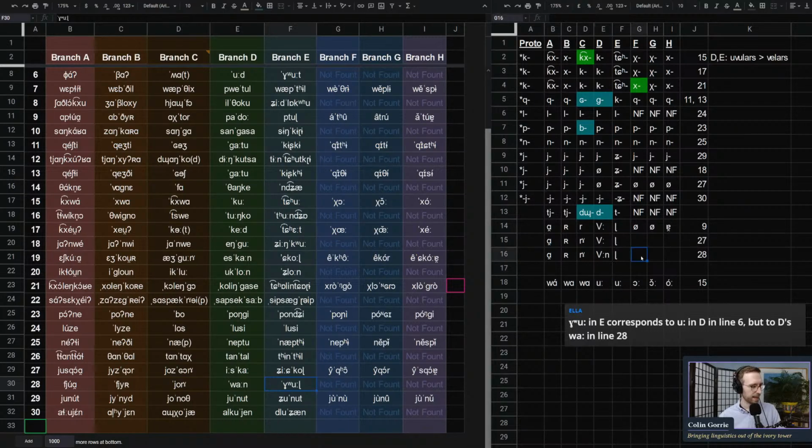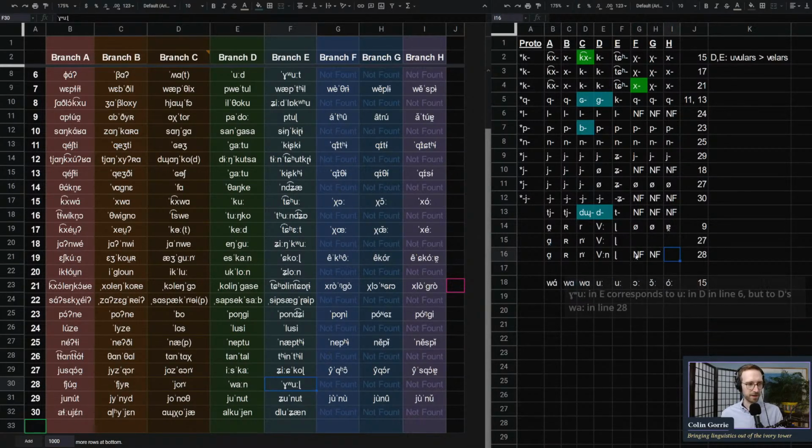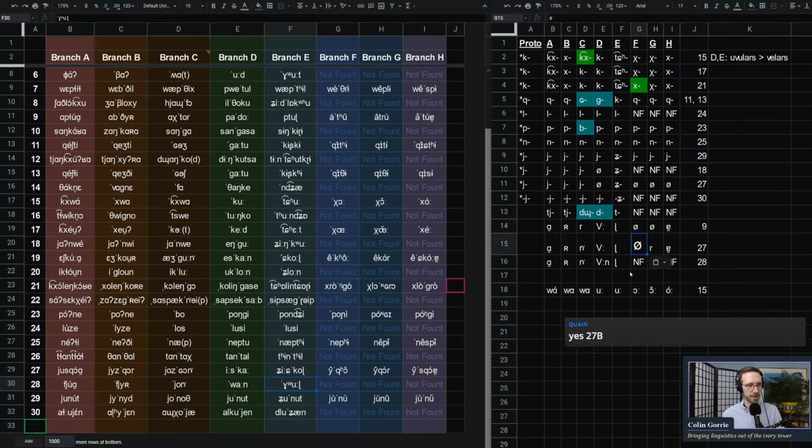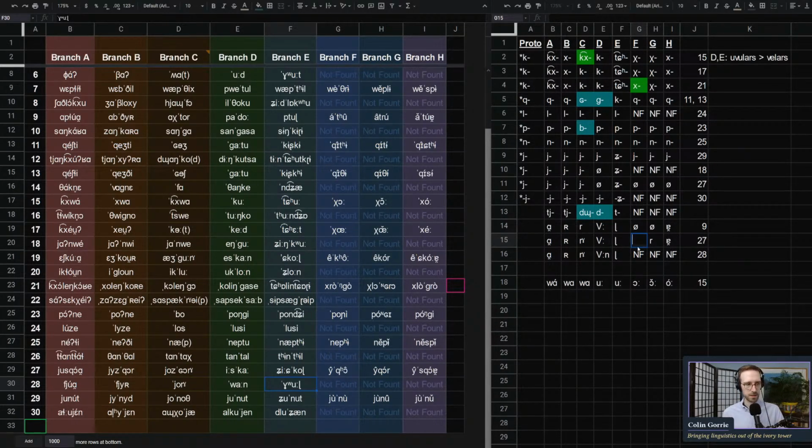And then we have not found, not found, not found. And here, let's go back up to 9. We actually have a ra found in G and nothing found in F. So slightly different.